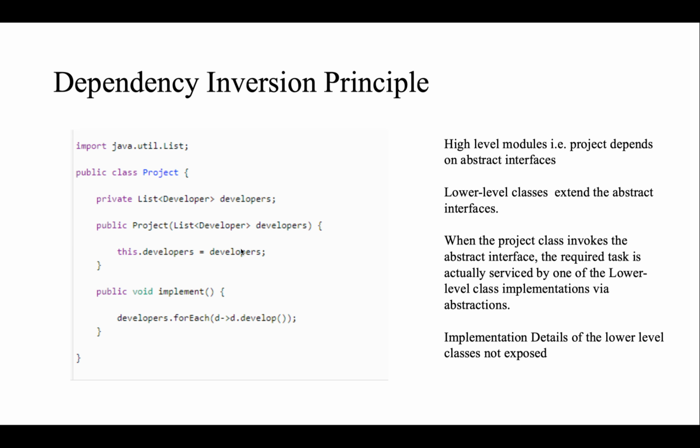When we call develop inside the project, this task is actually catered to by the lower level modules, either front end developer or back end developer. In this case, we are not exposing the details, that is, the implementation details of the lower level modules are not exposed. This way we are clearly following the dependency inversion principle, and this is a good design wherein we are not violating it.